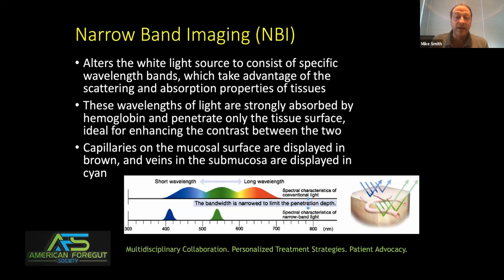In particular, these wavelengths are strongly absorbed by hemoglobin, so seeing blood and vessels is something that you can do, and they penetrate only the tissue surface. So they're very ideal for enhancing the contrast between the blood vessels and the tissue surface and bringing out some of these very subtle topographic features. The capillaries on the mucosal surface are displayed in brown, and the veins in the submucosa, ultimately with the hemoglobin absorption there, are displayed in cyan.